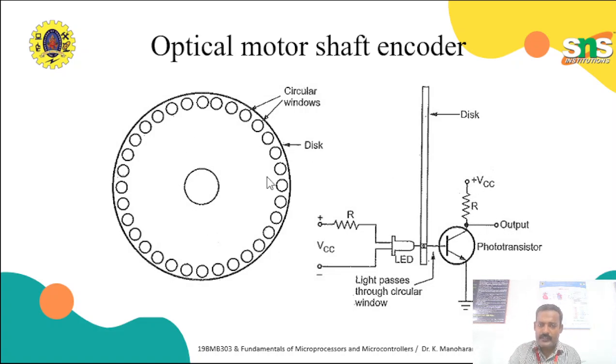If the disc rotates, each time the holes coincide with the LED and transistor base, we get one pulse. For each rotation, the number of pulses equals the number of holes. For example, I want to measure the speed in revolutions per minute, RPM. I need to count how many rotations are completed in 1 minute.